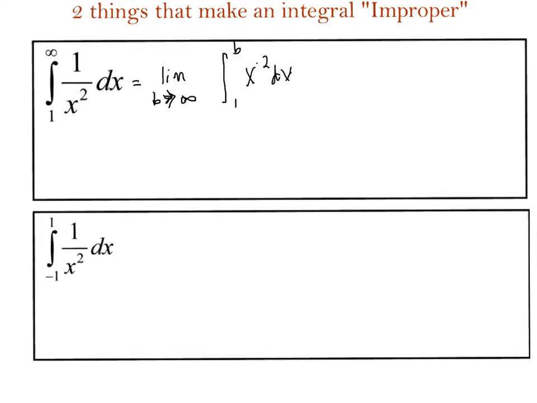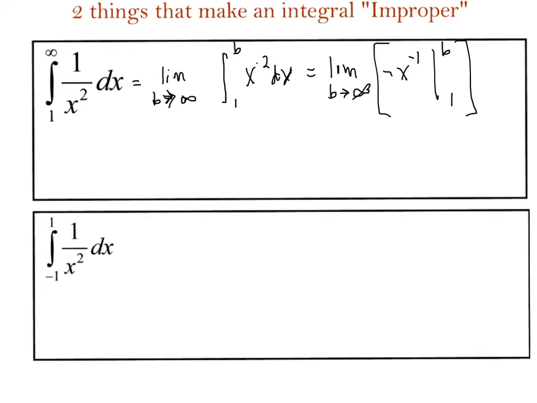Okay. And essentially we just do our integral like we normally would. You know, what's the antiderivative of x to the negative second? Well, we raise the power and divide, so it becomes negative x to the negative first. We're evaluating at b and 1. Okay, I'm going to put this in brackets because we're still, at the end, going to do the limit as b approaches infinity.